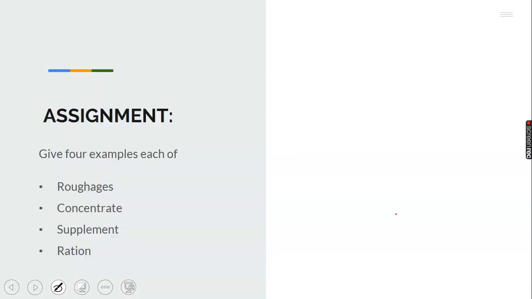Give four examples of: one, roughages; two, concentrate; three, supplement; four, ration. That is the assignment you are expected to write. Listen very well. Your assignment should be written on word processing.